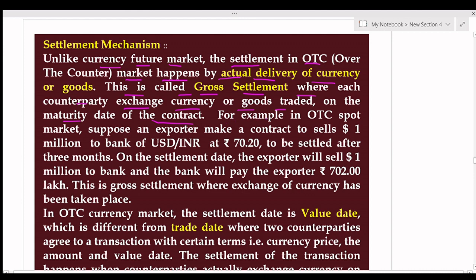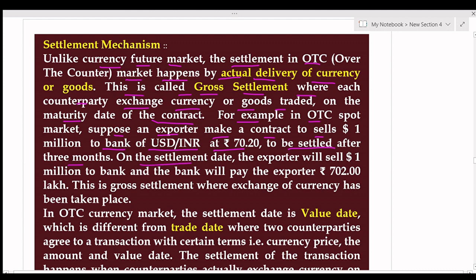For example, in the OTC market, suppose an exporter makes a contract to sell $1 million to a bank at the USD/INR rate of rupees 70.30 per dollar, to be settled after 3 months.